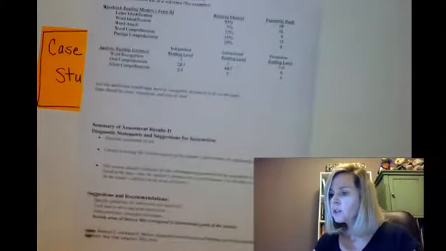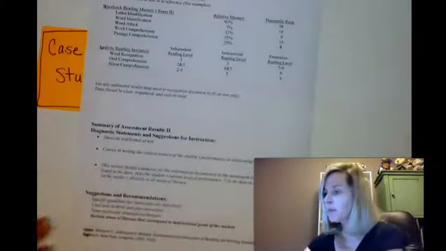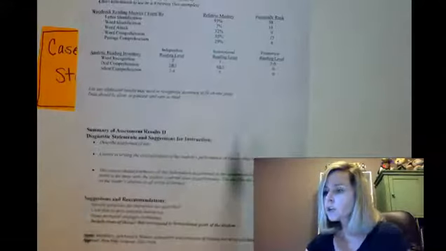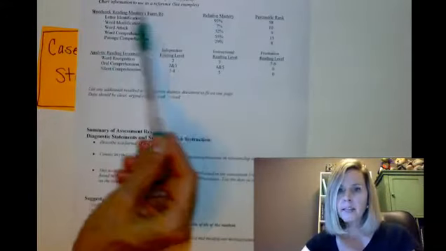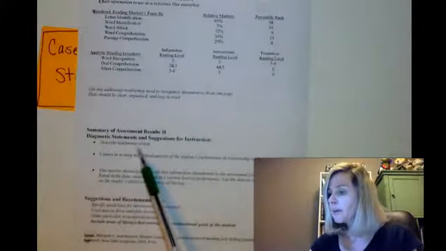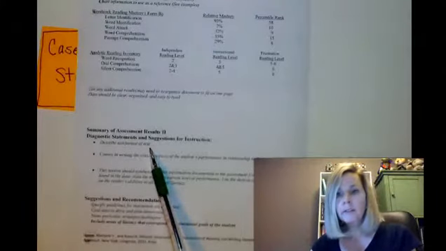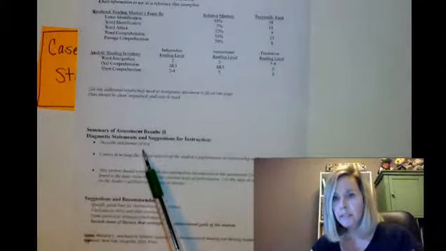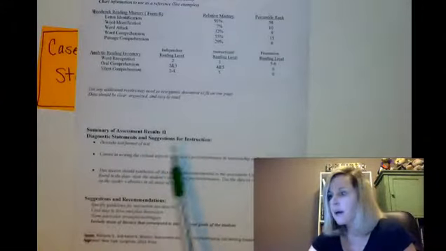Next, you're going to put a summary of the assessments. This is when you're going to talk about this data. You're going to explain it in a narrative form. You're going to describe the test and the format of the assessment. What was the purpose of that assessment? That's really important. How is it structured?